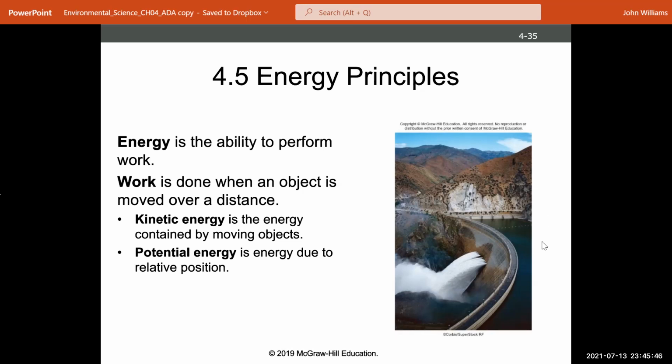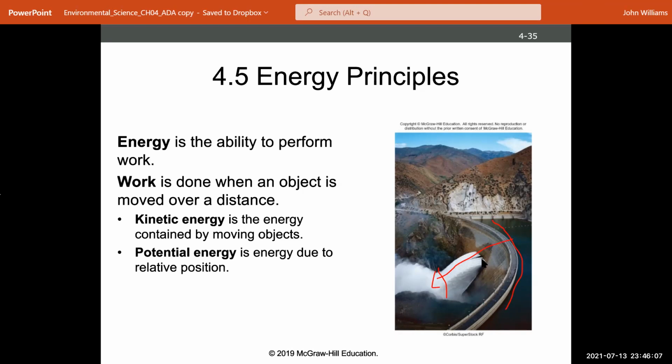Okay, so here we have a picture of a dam. Notice that the water in this dam is higher than the water below the dam. So the water is up higher, and so it has a high potential energy because it wants to move downwards, right?